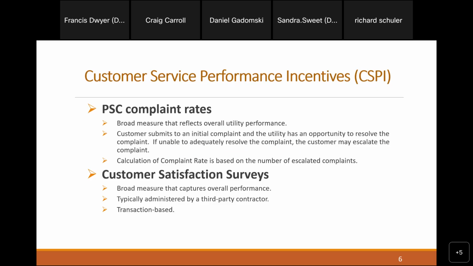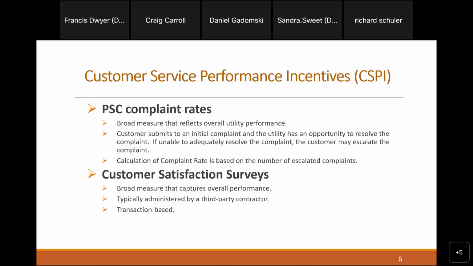The calculated complaint rate is based on the number of escalated complaints. I should back up, as all these metrics are broad-based, so they wouldn't exclude any particular type of complaint like CDG. A complaint that comes in regarding CDG-related issues would be included in these metrics.